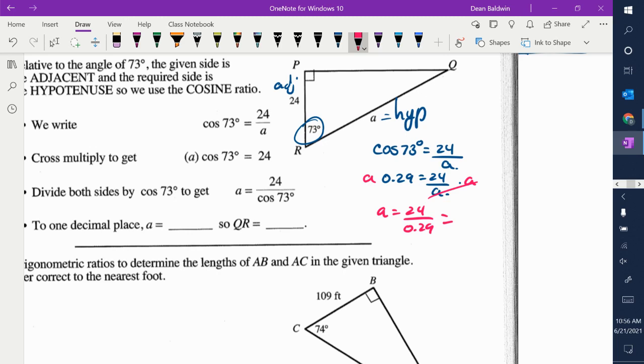24 divided by 0.29 is 82.1, something like that. Oh, okay. So we'll round to 1. 82.1.